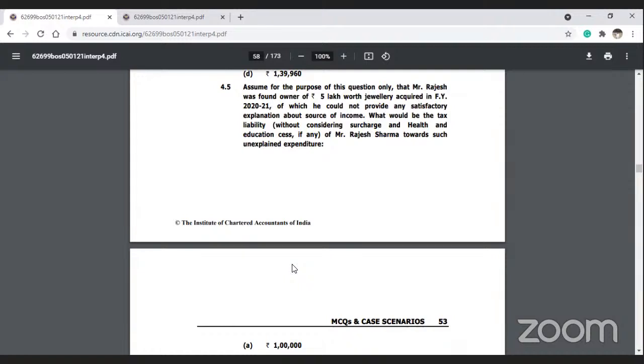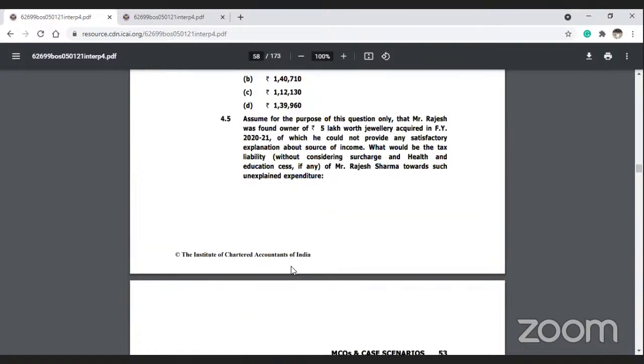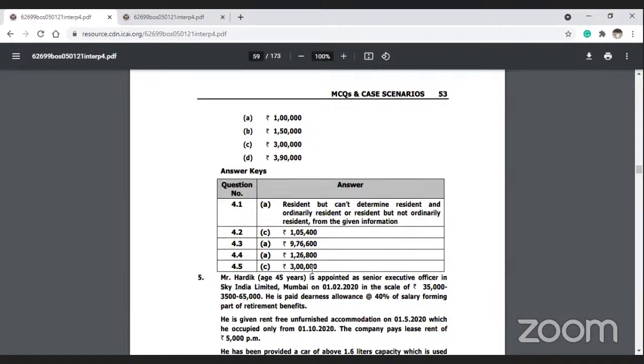What would be the tax liability without considering surcharge and health and education cess, if any, of Mr. Rajesh Sharma towards such unexplained income? 78%, option C 60%. Only 60% since they say without considering surcharge and cess, so 5 lakh into 60%, that will be 3 lakh rupees. We can't memorise such things as 78%. People ask anything. Check the answer, Vidhi. 3 lakhs, done.